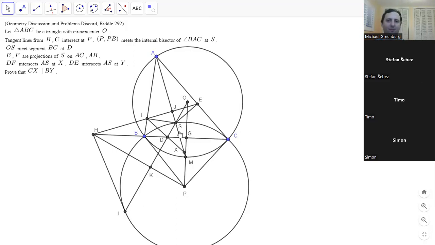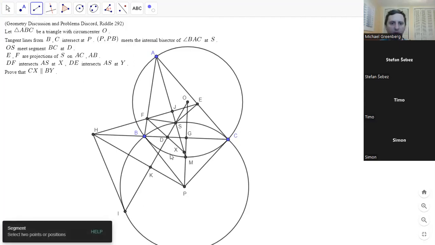Yeah, it's weird. So SBIC is harmonic, or we want to show it's harmonic. Bx should bisect HF.